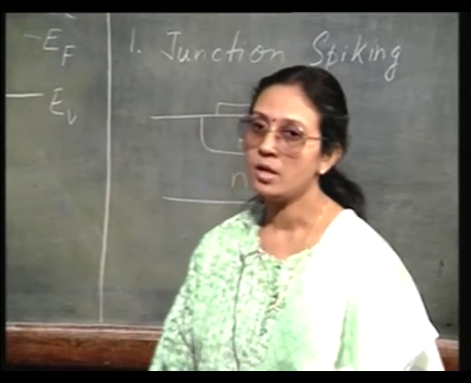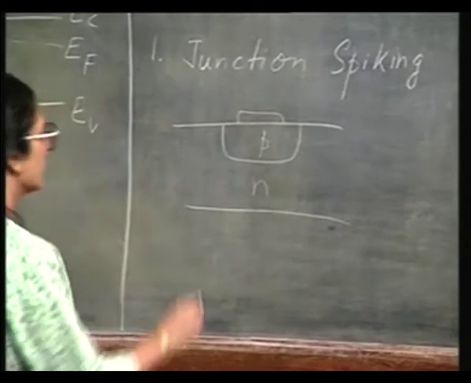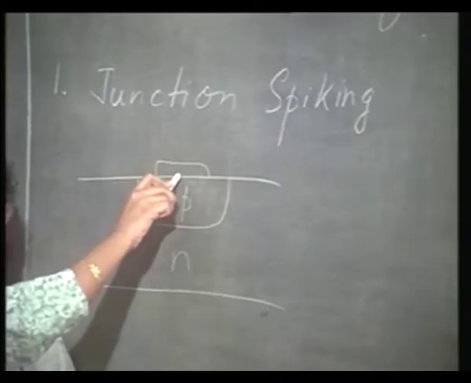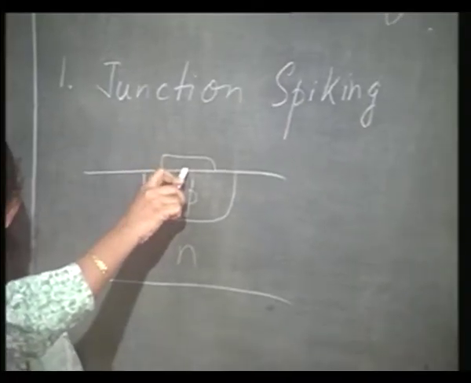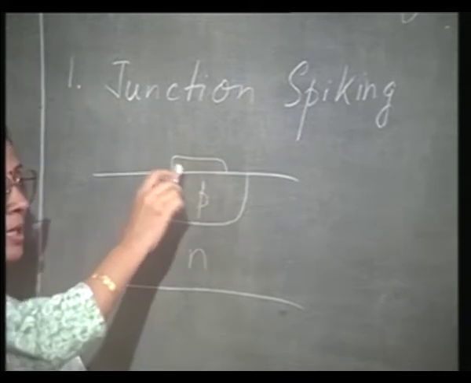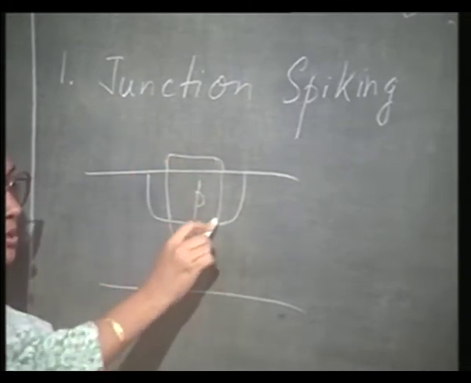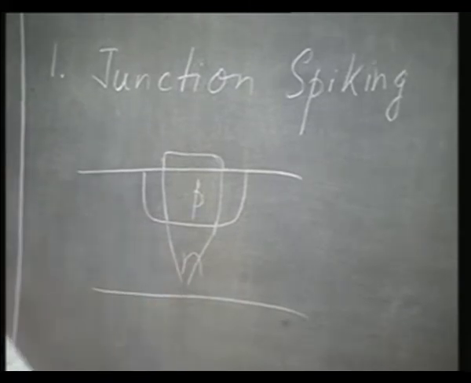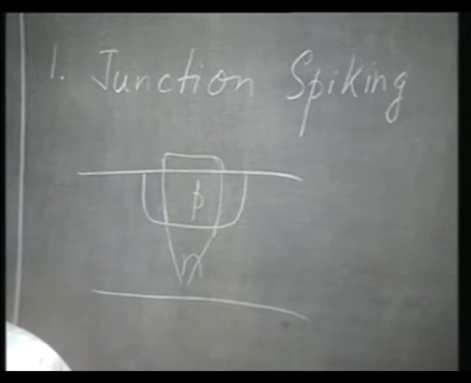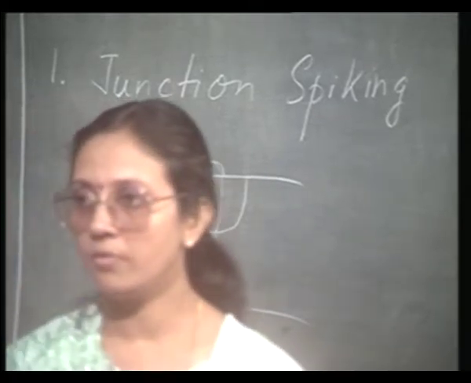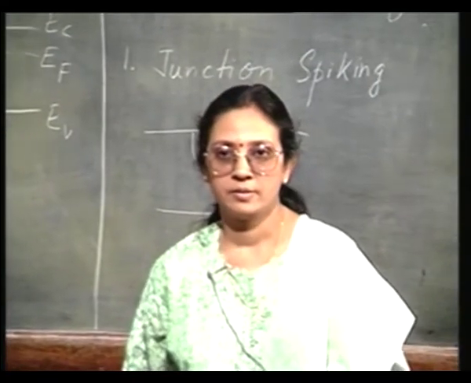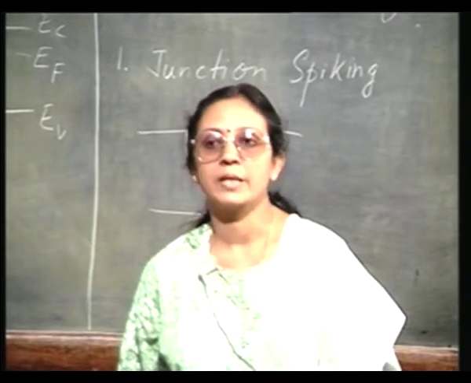So, after you have formed the metal contact, in this region aluminium is going to dissolve silicon in it, and if the junction is very shallow, it can go all the way down like this. So, your p-n junction is effectively shorted. You will have a metal spike, that is called the junction spiking.